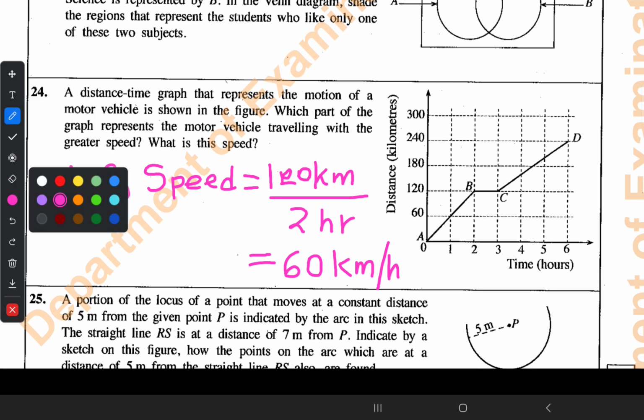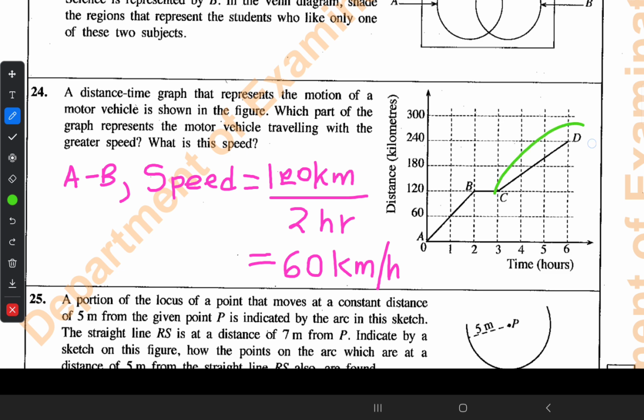When we think about the second region, the CD region, the speed would be the distance covered divided by the time.